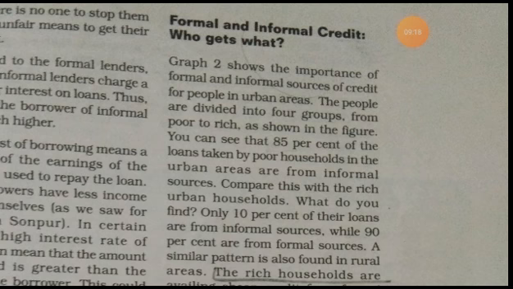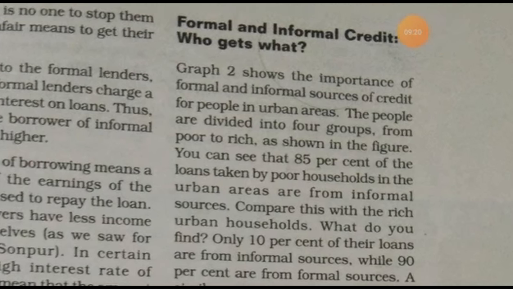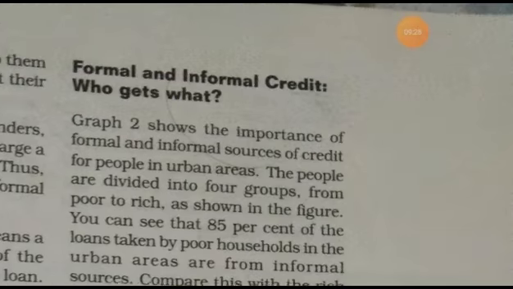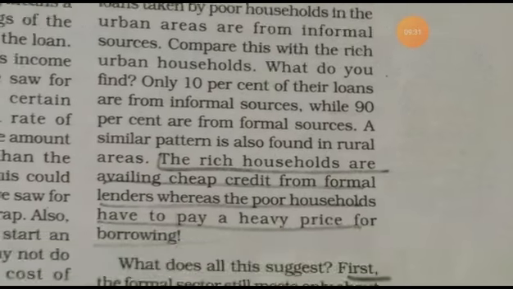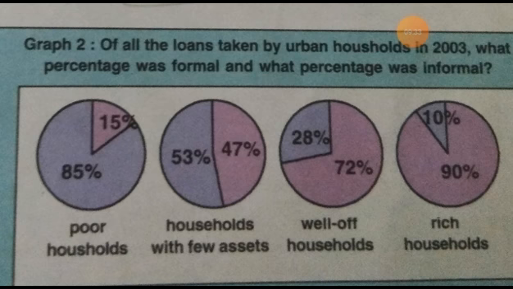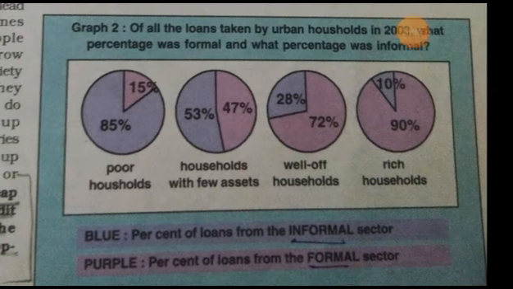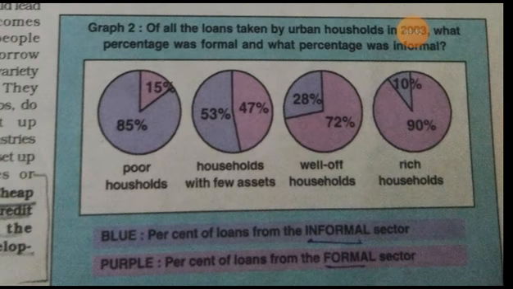Then formal and informal credit, who gets what? Graph 2 is here below. Blue indicates the percent of the loan from the informal sector, and purple indicates the percentage of loan from the formal sector.